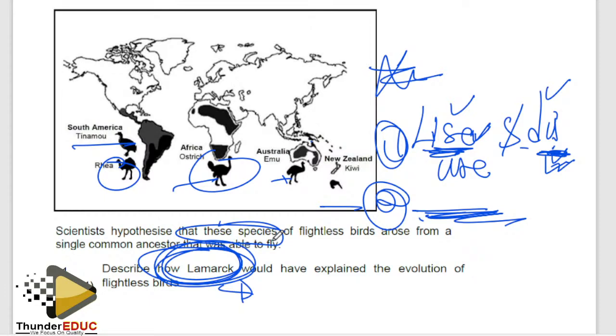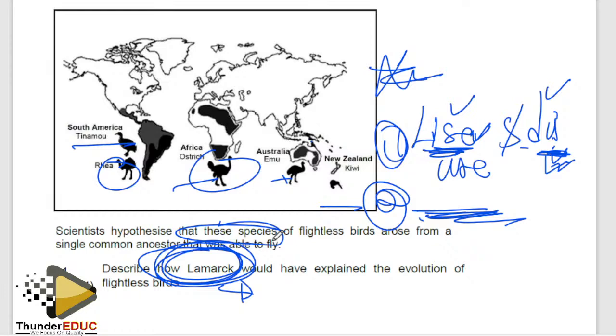There is not enough evidence to support that these flying birds became flightless by not using this character of flying, just like that. There is not enough evidence to show that.